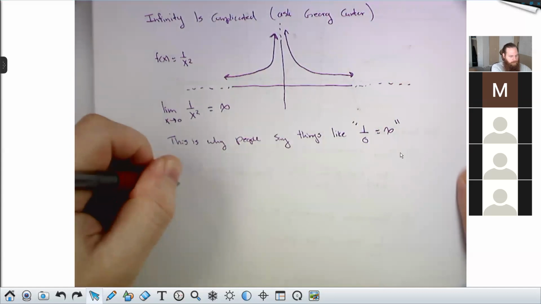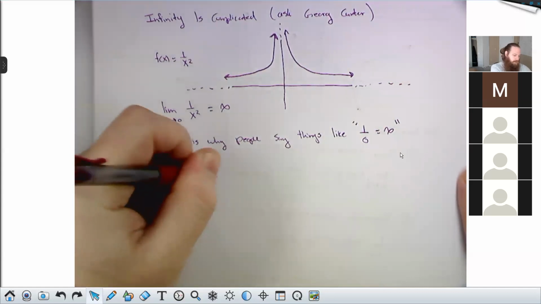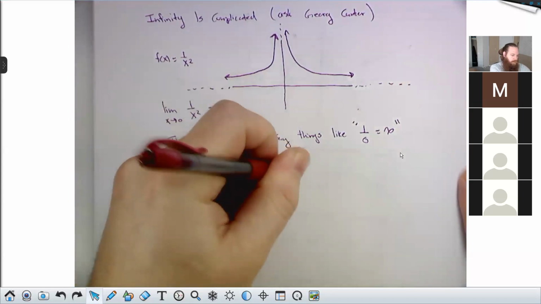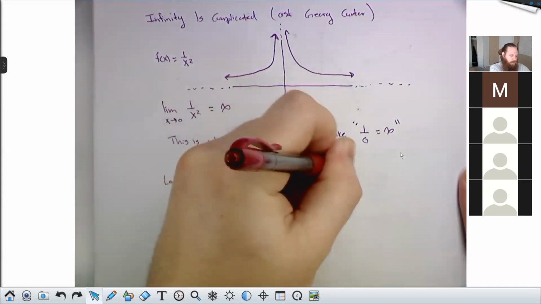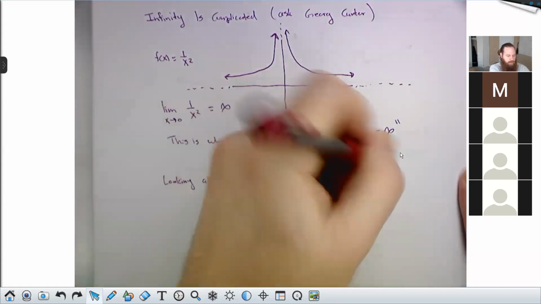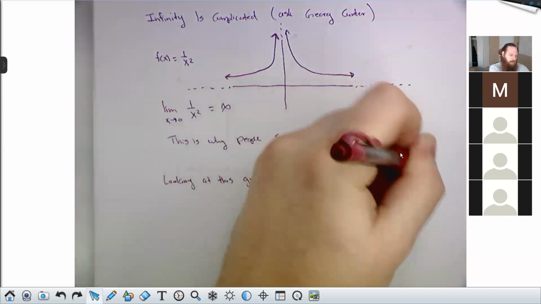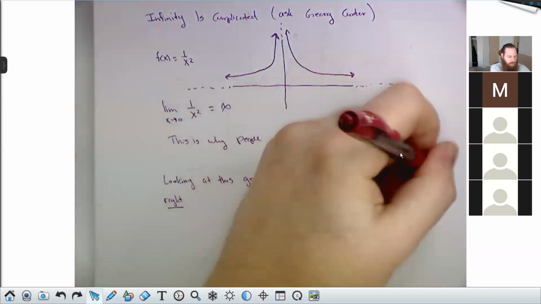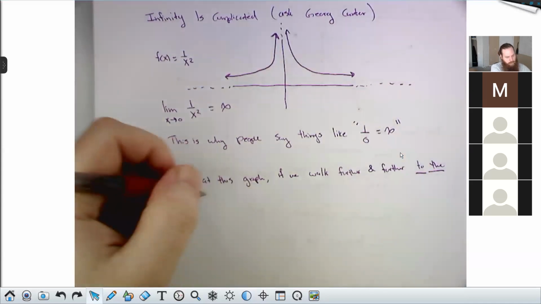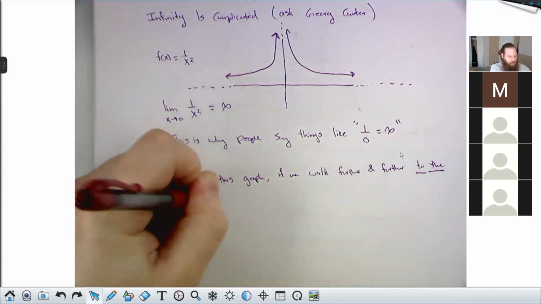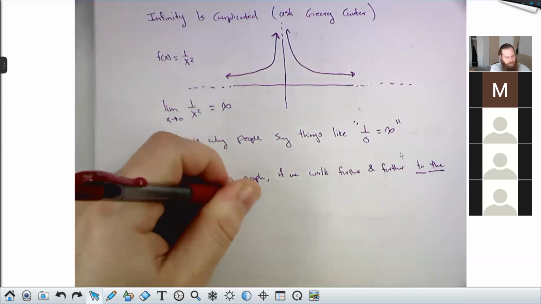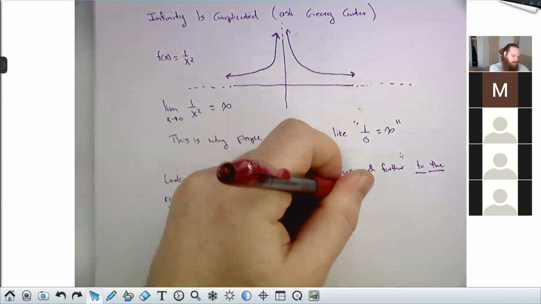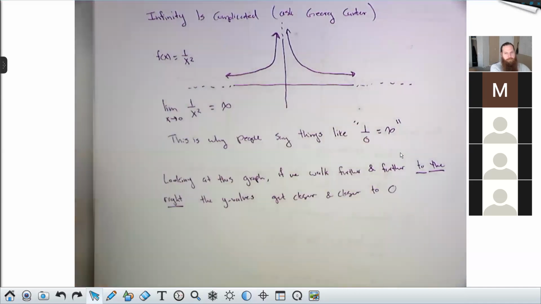Looking carefully at this graph, if we walk further and further to the right, the y values get closer and closer to 0.